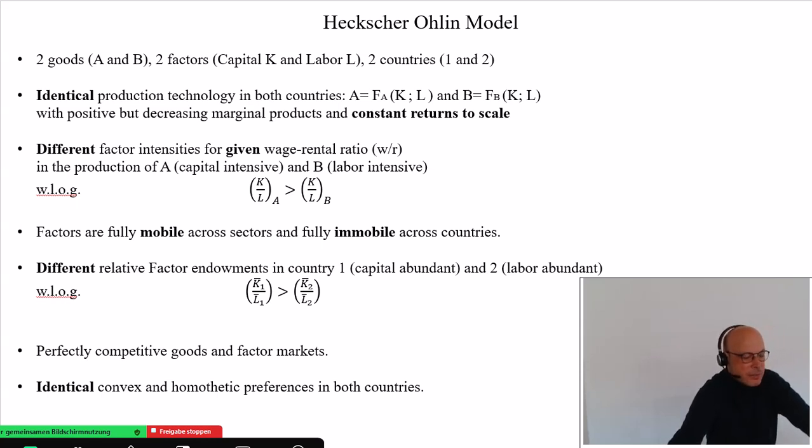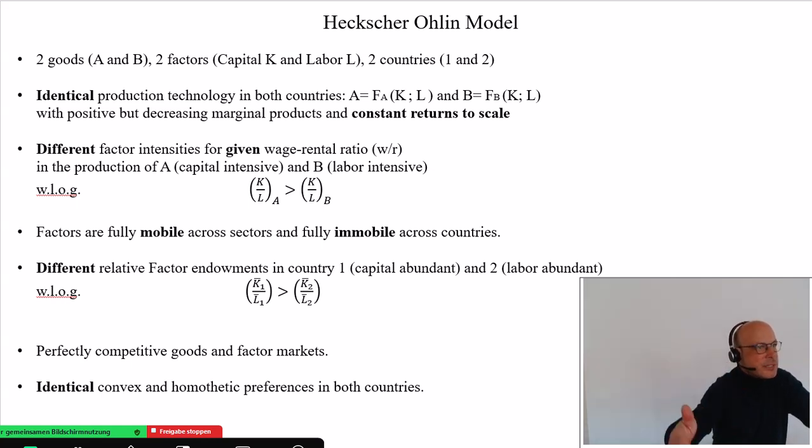And here are now the assumptions which we make about production: we have two different goods. They are produced, of course, differently, but we assume that the production technologies for A and B do not differ between the countries.